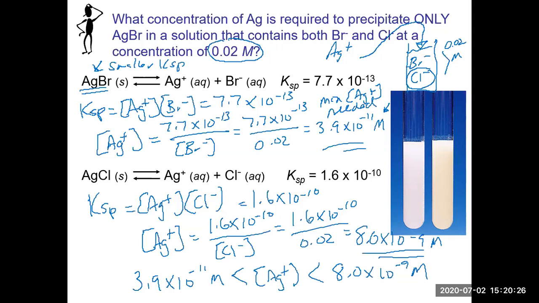In fact, you'll probably see some calculations in the qualitative analysis experiments where they ask you to use the Ksp value to verify whether or not you would expect a group 2 reagent to come out or a group 3 ion to come out or not. So again, you could use the Ksp to your advantage to understand the concentrations that you need to see a precipitate actually form.